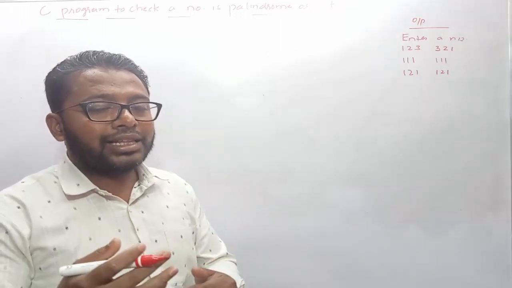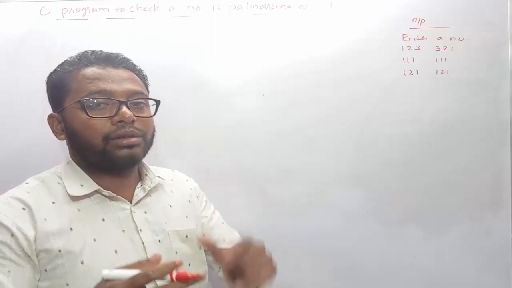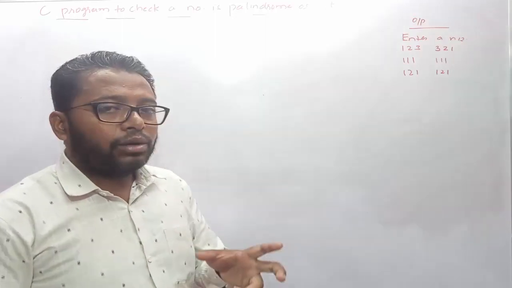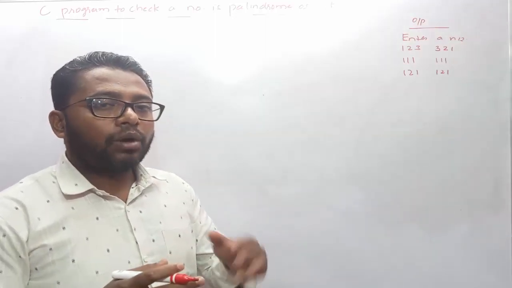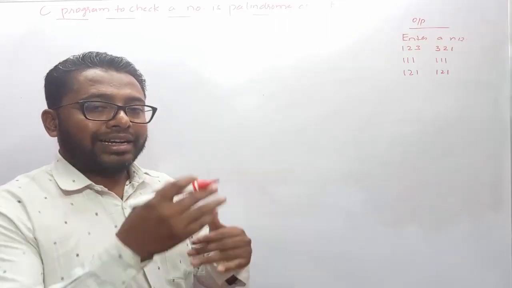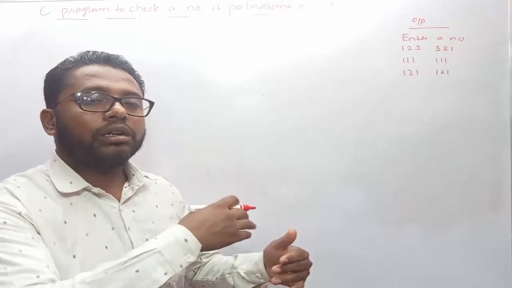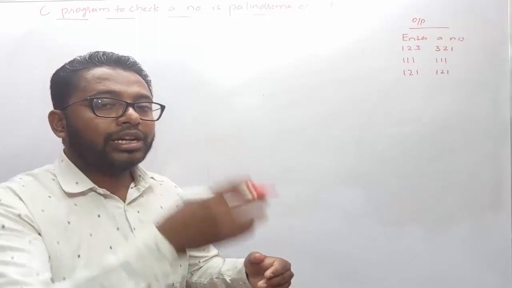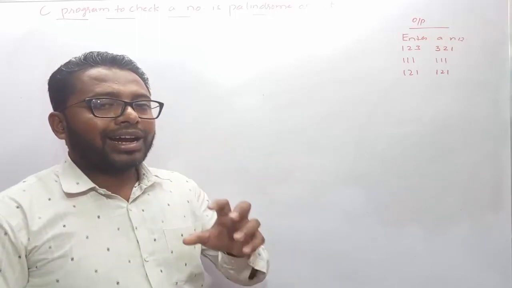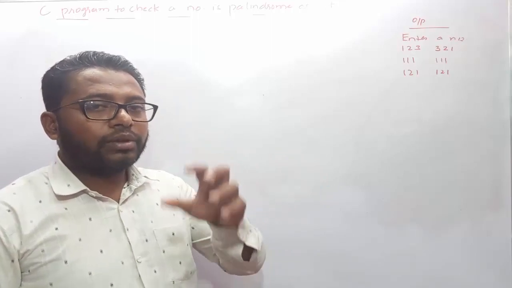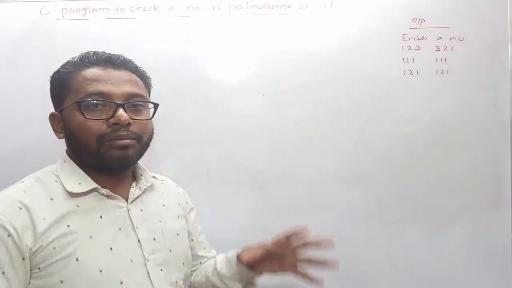If you have not seen that, I recommend you watch that video as well. In that video, we performed 3 tasks: taking out the remainder of that number, then adding that remainder to the variable, and the third step, reducing that number. Similar steps we will be doing in this program as well.